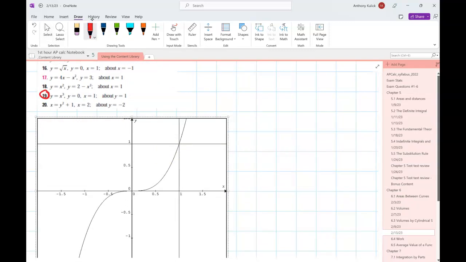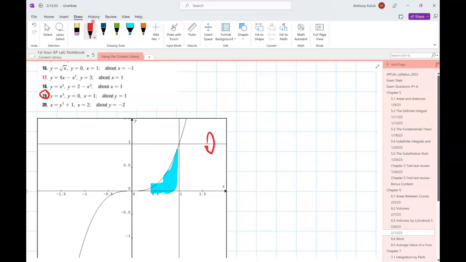All right, and we're looking at this region here, and we're rotating about this line.